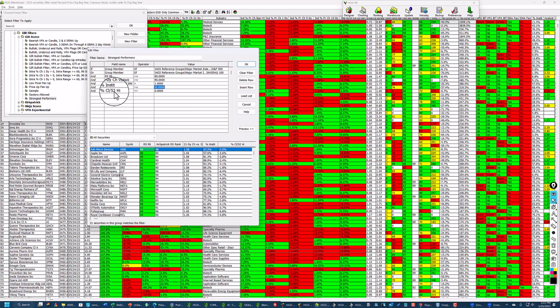You put the percent close to the 52-week high, and then an either or in here, 0, because I just want it to show up in here. I don't want it to be a factor in the filter itself. So it's just visual, and then I can sort in here and see how close these stocks are to their 52-week high as of last night.